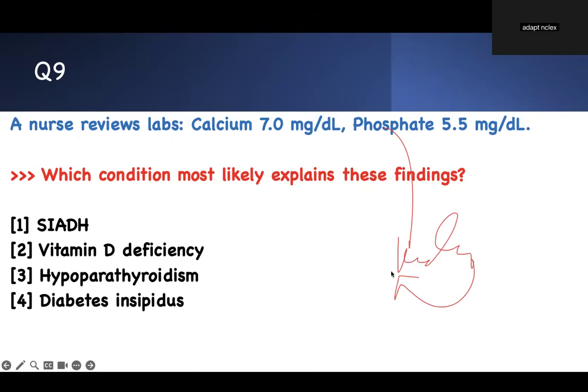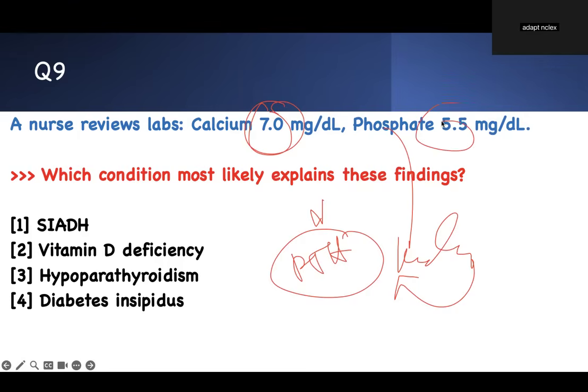And when a kidney is in trouble, your PTH, which is responsible for your calcium, is low. Parathyroid hormone is responsible for that. And therefore, if your calcium is low and phosphorus is high, it's because you don't have parathyroid hormone. Number 3 is your right answer.